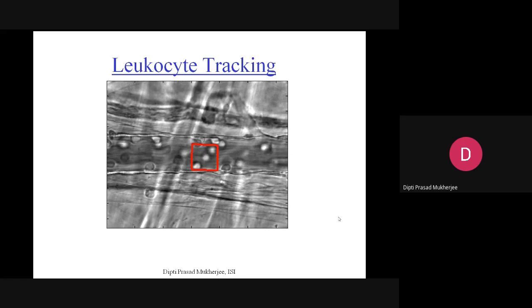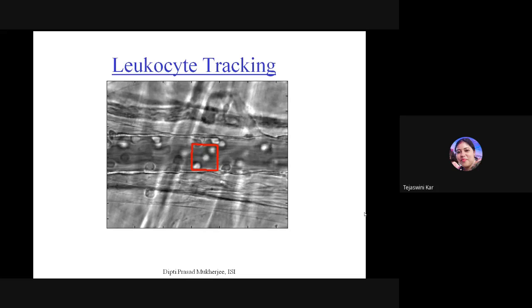Under the influence of the medicine, doctors want to track how the leukocytes flow, because the leukocytes are fighting against those germs or viruses. So you track leukocytes under the influence of a drug, and this is used for drug comparison studies. Under the influence of drug A and under the influence of drug B, how do the leukocytes perform, rolling? That data is being tracked.